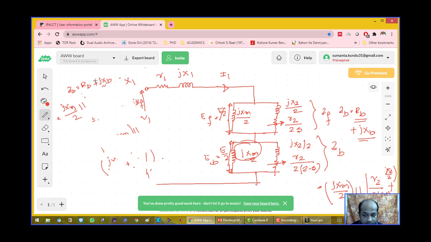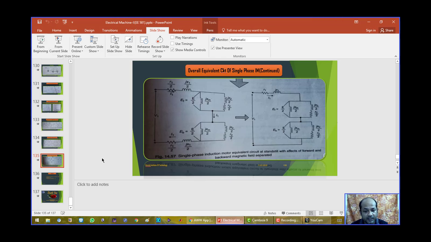This is the simplified equivalent circuit of the single phase induction motor in running condition.